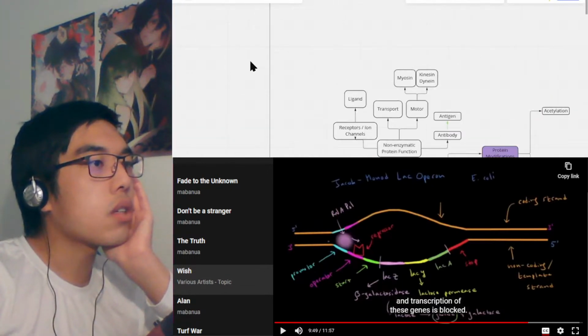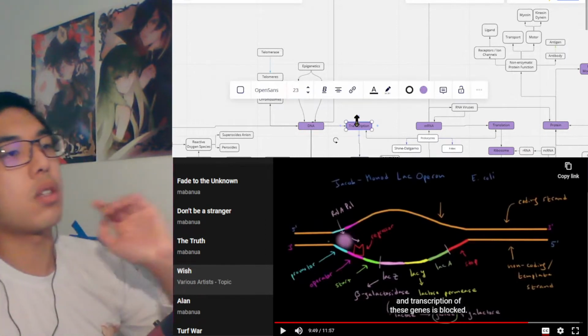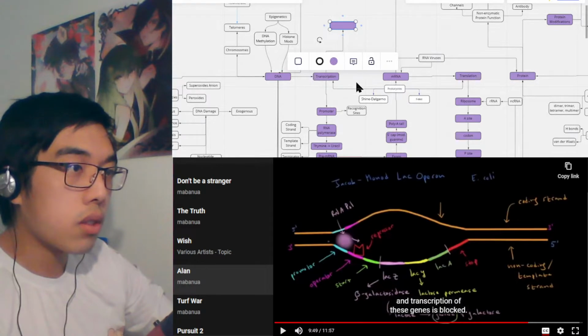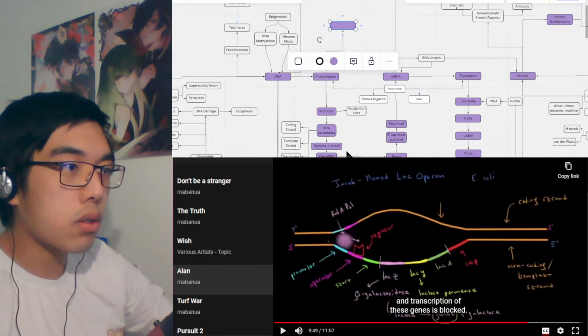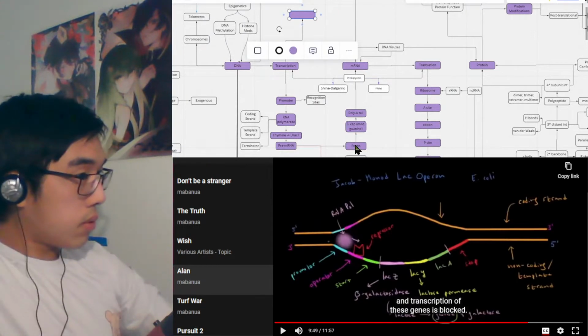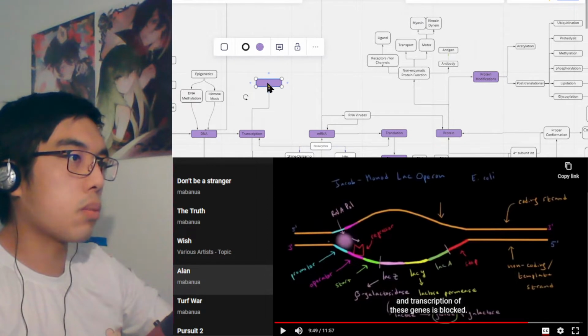Okay. Now that I have more space for transcription related stuff, we can start talking about operons, which are fun. Coding strand, terminator, introns, exons. No, that wouldn't be part of this, so I think we can just keep that separate. That's fine.